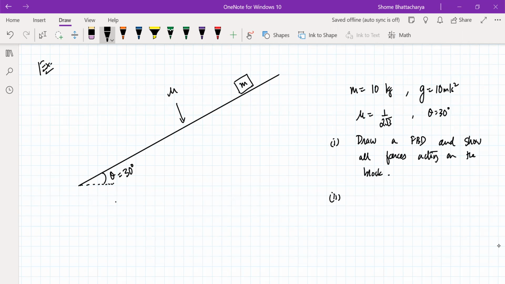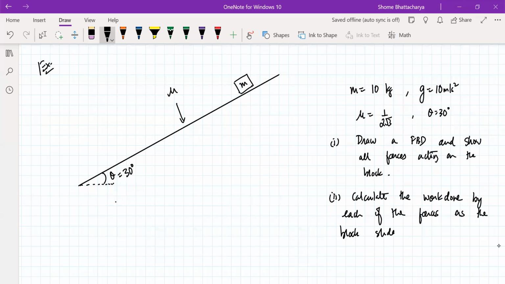Then calculate the work done by each of these forces as the block slides down the incline through, let's say, 20 meters.